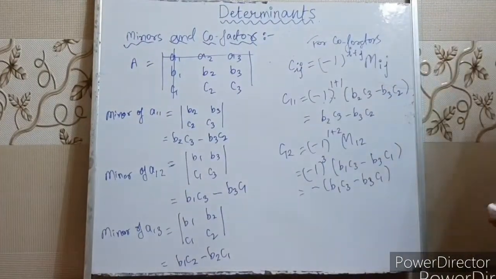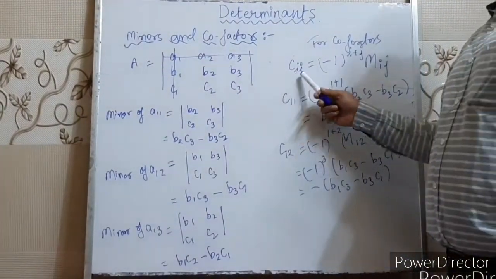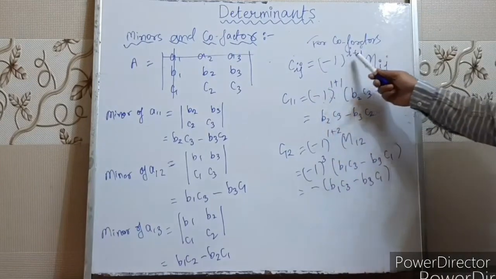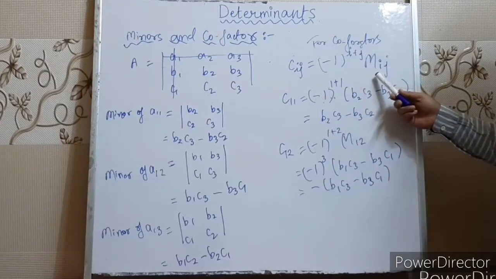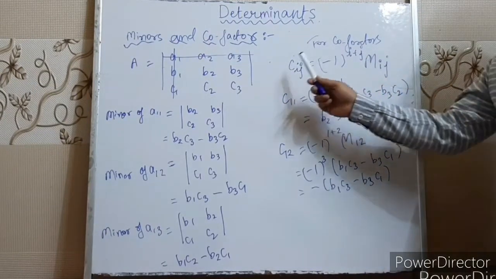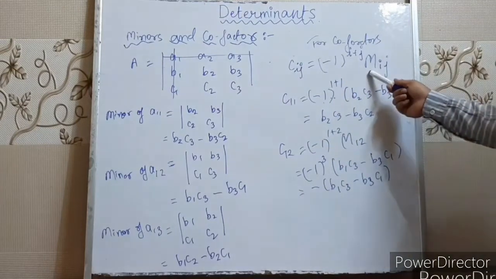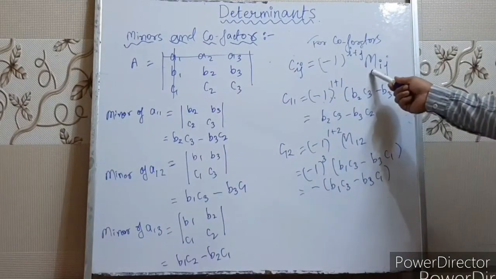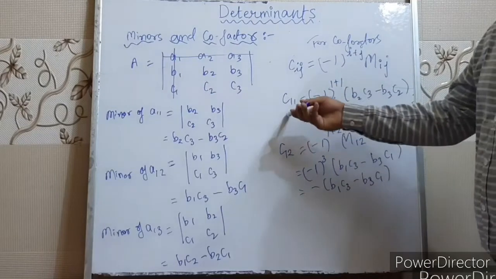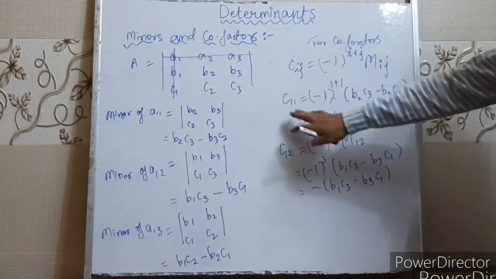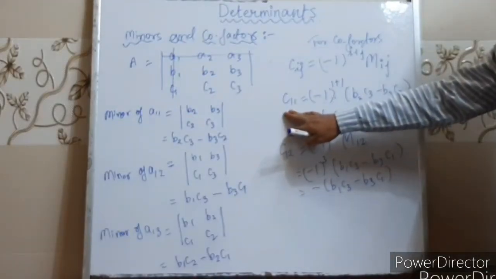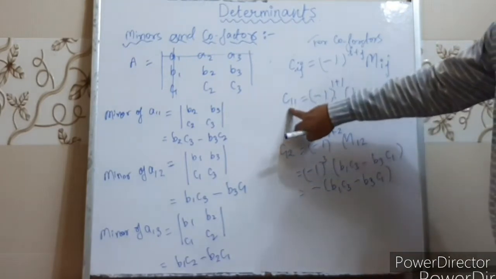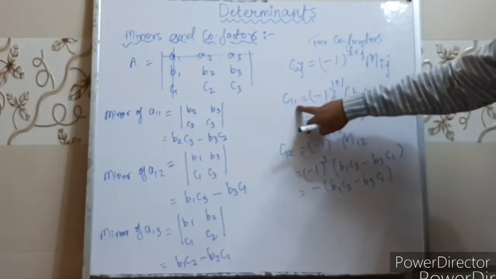Now suppose we have to calculate the cofactor. For calculating the cofactor, the formula is Cij equals minus 1 to the power i plus j into Mij. This C represents cofactor and this M represents minor. Right, children? So suppose we are calculating the cofactor of first row and first column. Here the value of i is 1 and the value of j is 1.